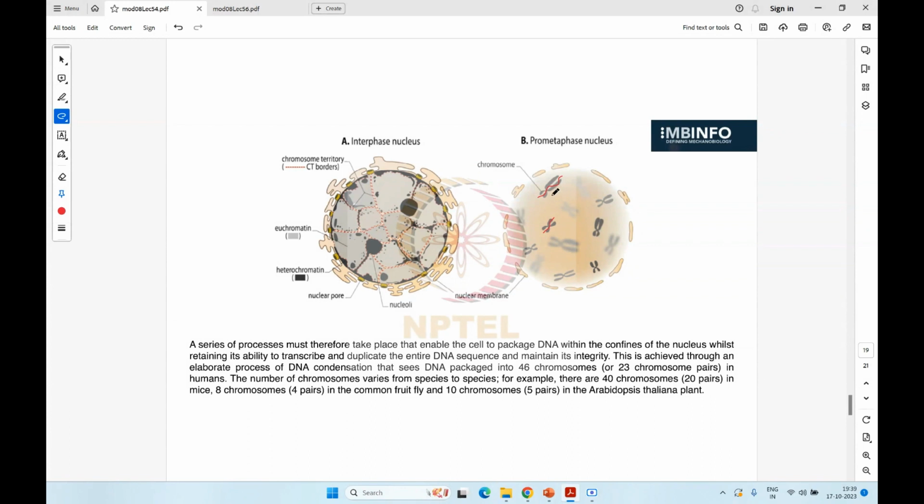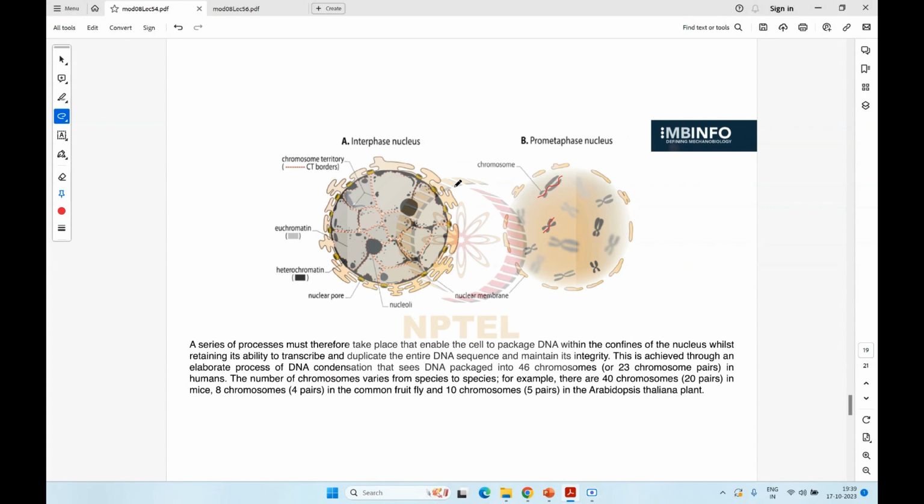Because there are 46 chromosomes in the human genome, there will be 46 condensed chromosomes present here, in 23 pairs. They would separate in the subsequent stages and form two daughter cells.